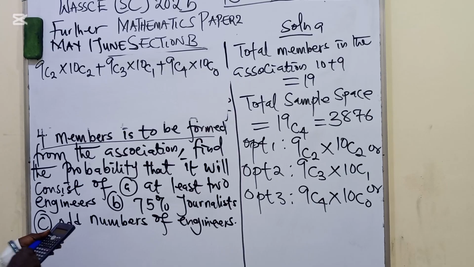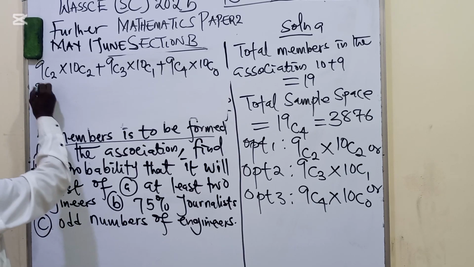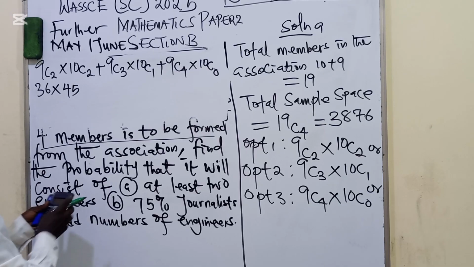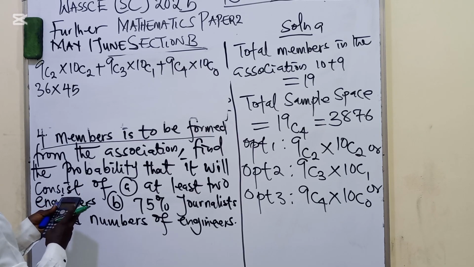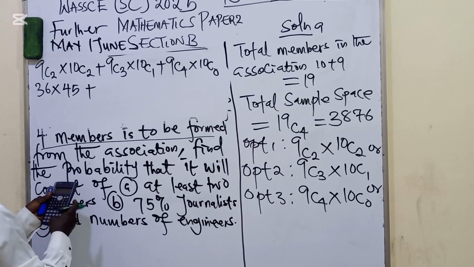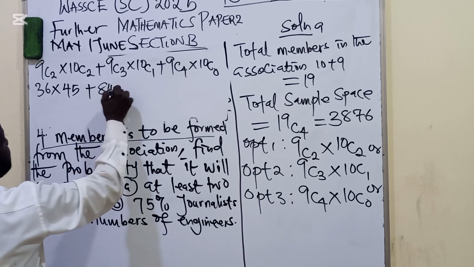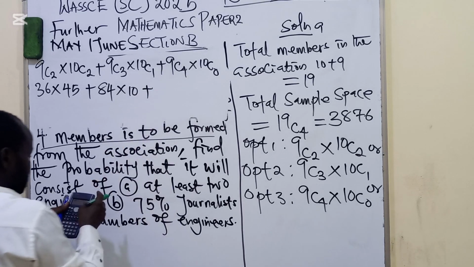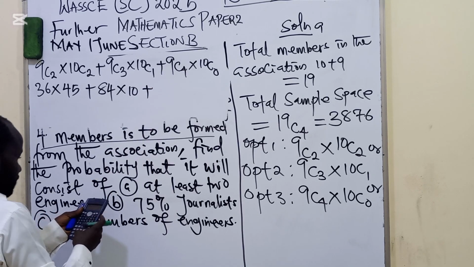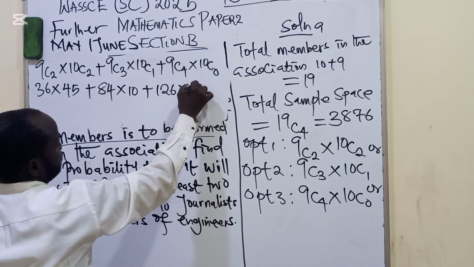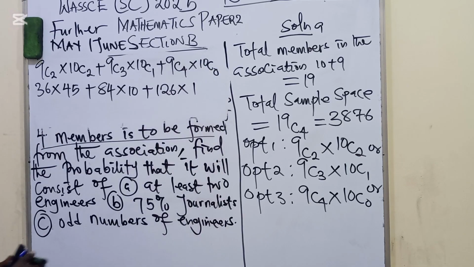Let's use our calculator. 9 combination 2 will be 36, multiplied by 10 combination 2, which is 45, plus 9 combination 3, that's 84, times 10 combination 1, which is 10, plus 9 combination 4, that's 126, times 10 combination 0, which of course is 1.